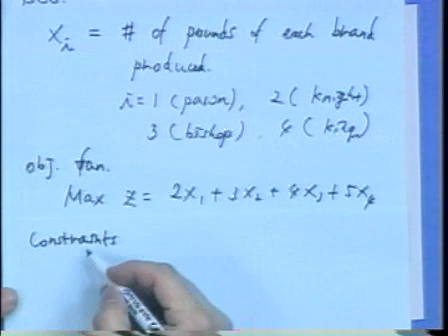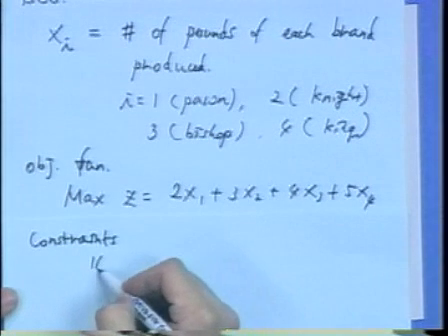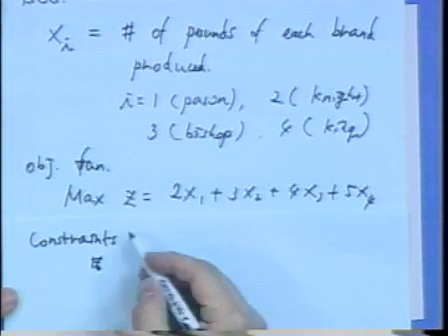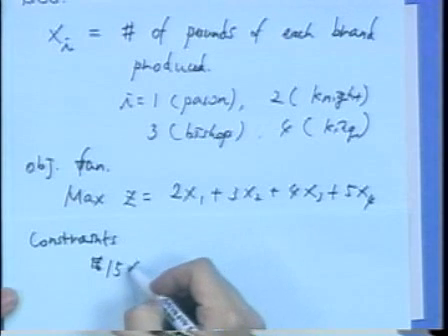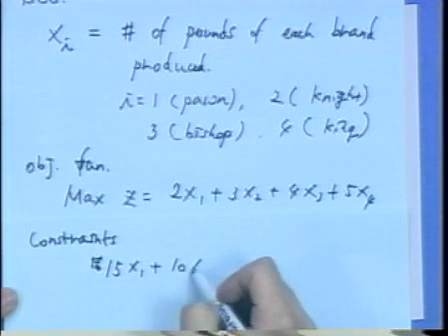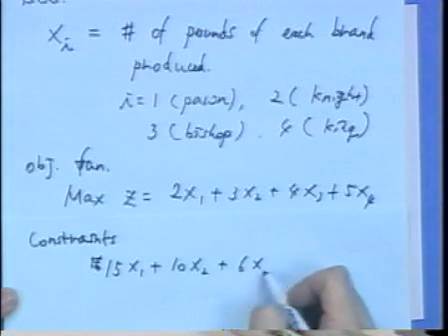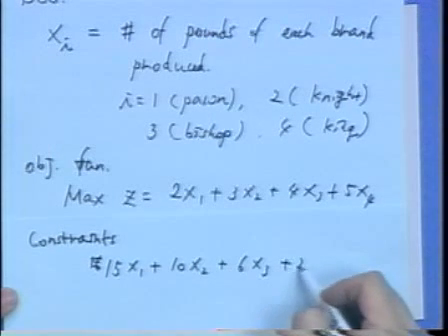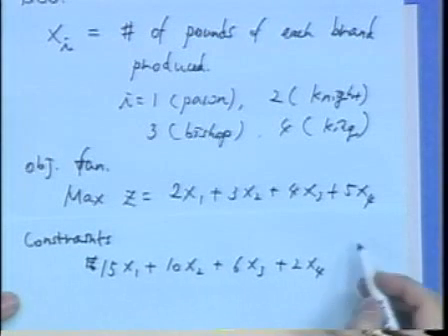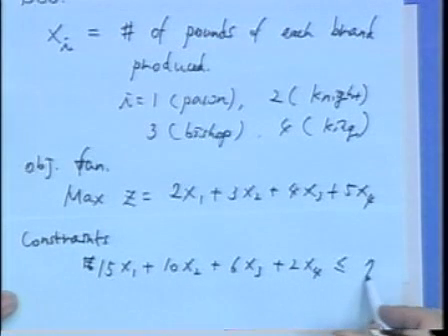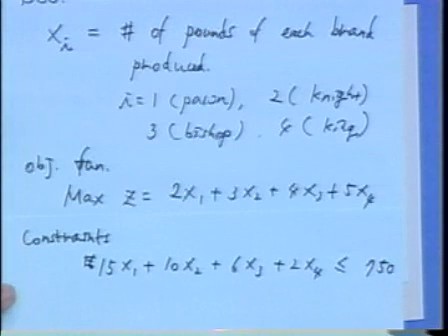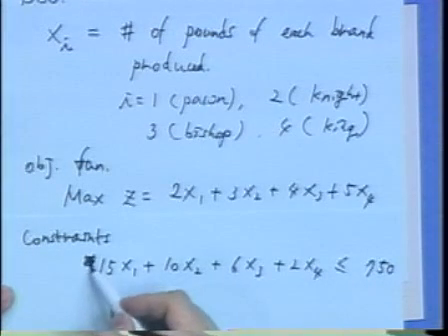So it's going to be 15x1, 10x2, 6x3, and 2x4 is less than or equal to 750. Is that right?